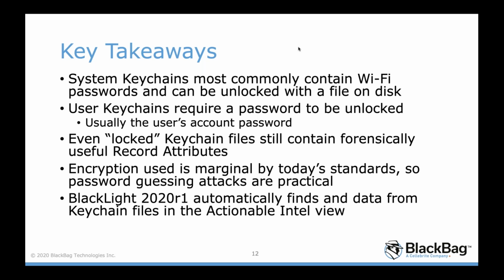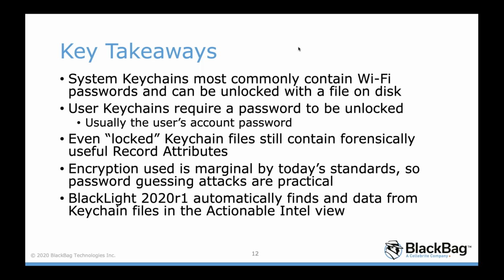So if you put 1 million passwords in when you're ingesting, Blacklight will try all 1 million of those passwords on the various keychains. That might take 12 hours or so, depending on how powerful your computer is. And in future releases, we will take methods to try to increase the speed of that.